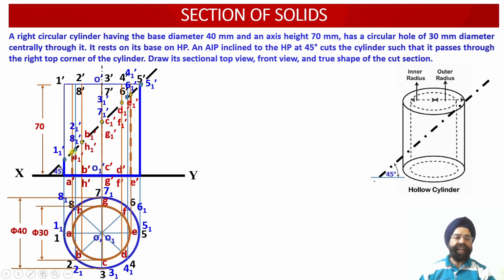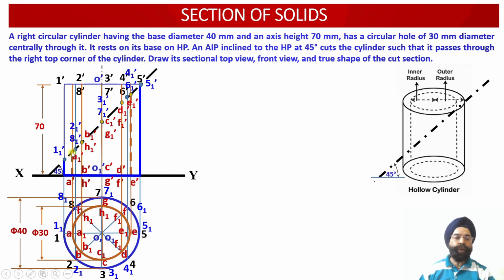Similarly, the 8 points of intersection which are available in the front view corresponding to the inner hollow cylinder are also going to coincide with their vertical generator points over here in the top view projection. So we can see here we have point A1 dash as the point of intersection of the cutting plane with the vertical generator emerging from A dash.